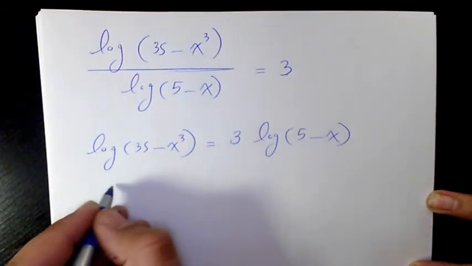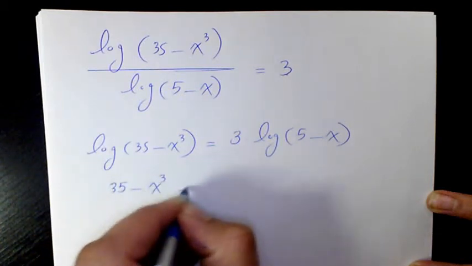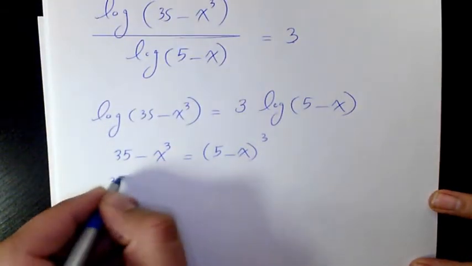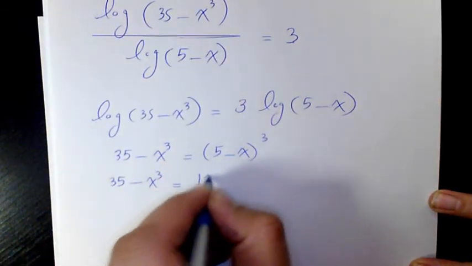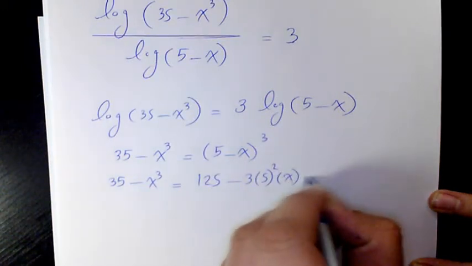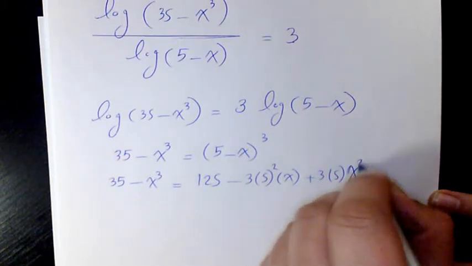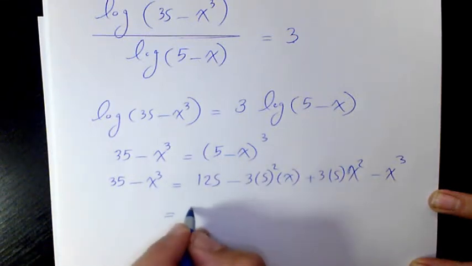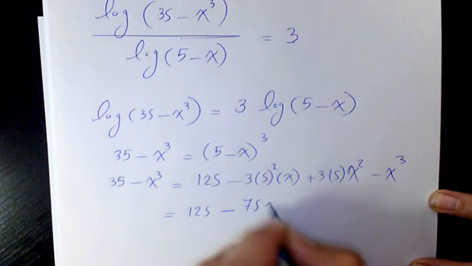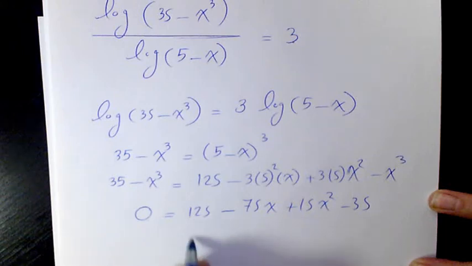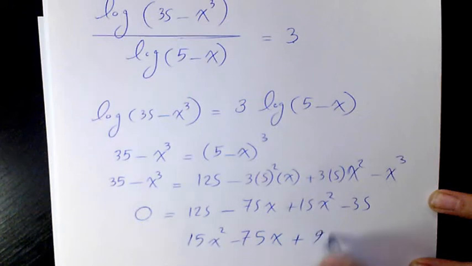So that's going to be 35 subtract x cubed equals 5 minus x to the power of 3, which is going to be 35 minus x cubed, 125 minus 3 times 5 squared x plus 3 times 5x squared minus x cubed. The x cubed and x cubed cancel out, and we have 125 minus 75x plus 15x squared minus 35 equals 0. So we have 15x squared minus 75x plus 90 equals 0.